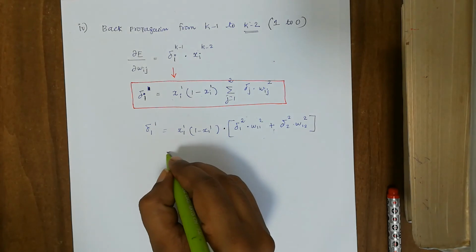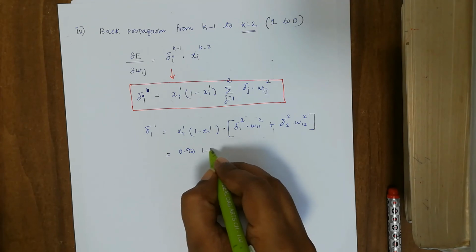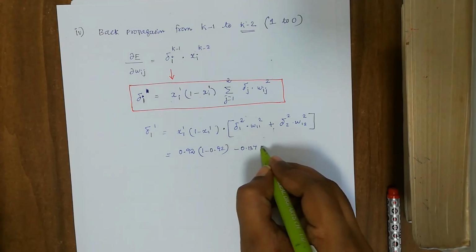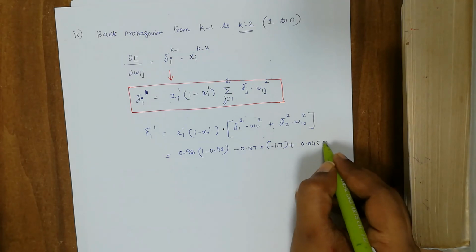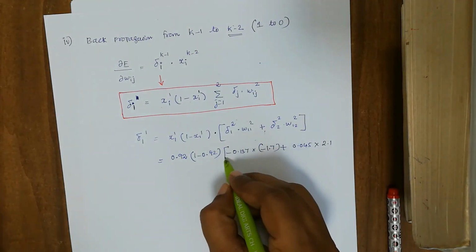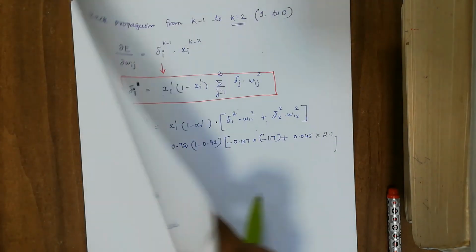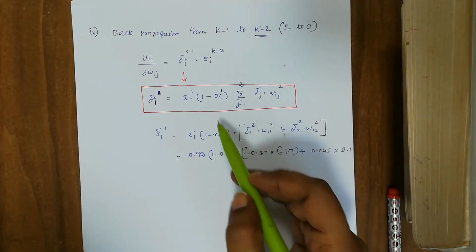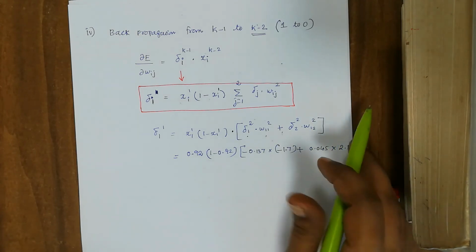Now let me calculate with the values: 1, 0.92 times 1 minus 0.92, times minus 0.137 into minus 1.7 plus 0.045 into 2.1. All these values, del 1 2 and del 2 2, we obtained from the previous layer, and we apply them here along with the corresponding weights that we know.